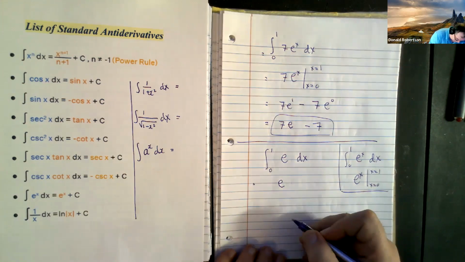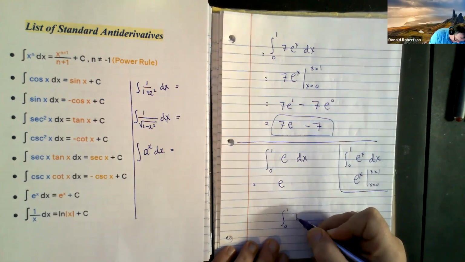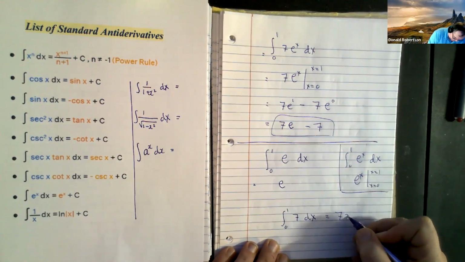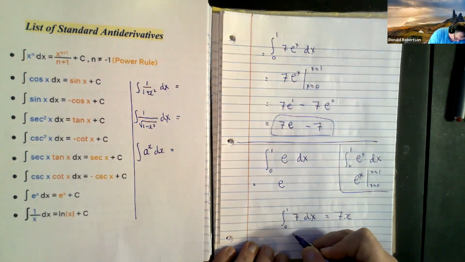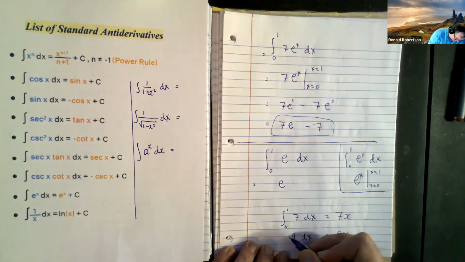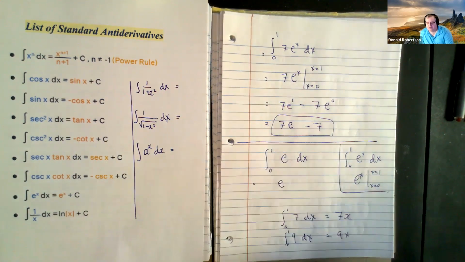Okay, while you're thinking about that, the integral of the number 7 is 7x. The integral of the number 9 is 9x. What do you think the integral of e is?